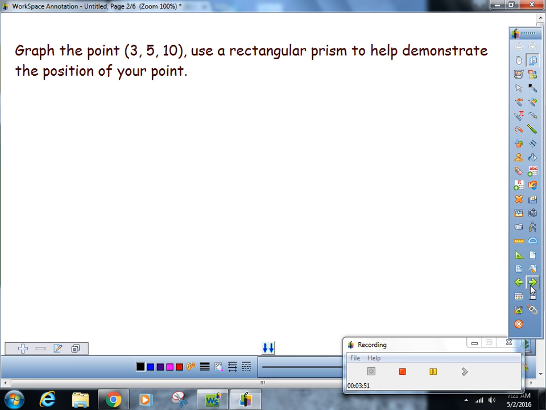Okay, so one thing that helps us graph points in 3 dimensions is if we use rectangular solids. That helps our audience visualize where this point is. So we're going to start out by graphing the point 3, 5, 10. Notice these are all positive. So start out with your typical XY plane, but don't write any letters on it.